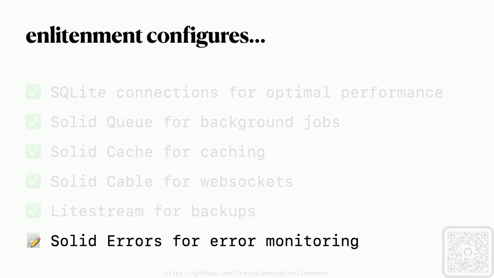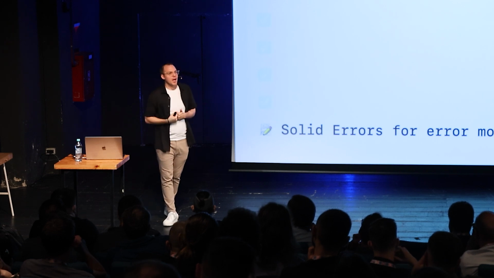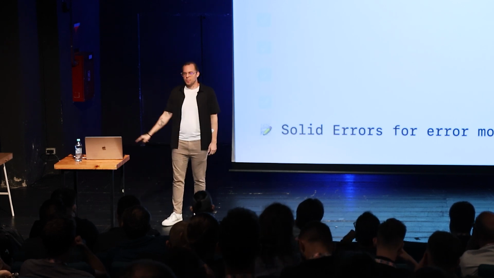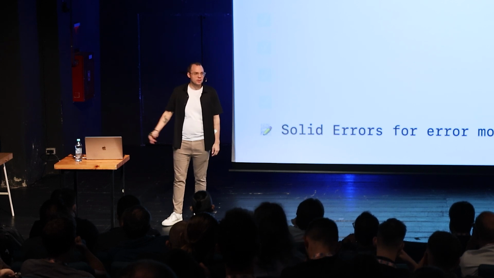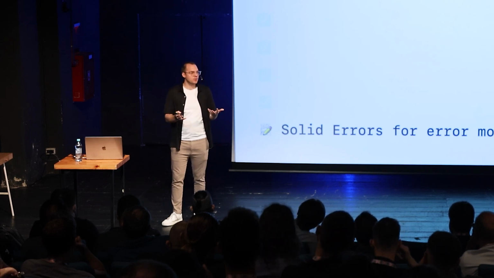The final thing that it adds, Solid Errors. For me, I had this moment of revelation of using the other Solid gems and recognizing, there's other bits of data that my Rails app has that I would love to see, and I guess I could just pipe it into a separate SQLite database, build a little set of views, and mount an engine.